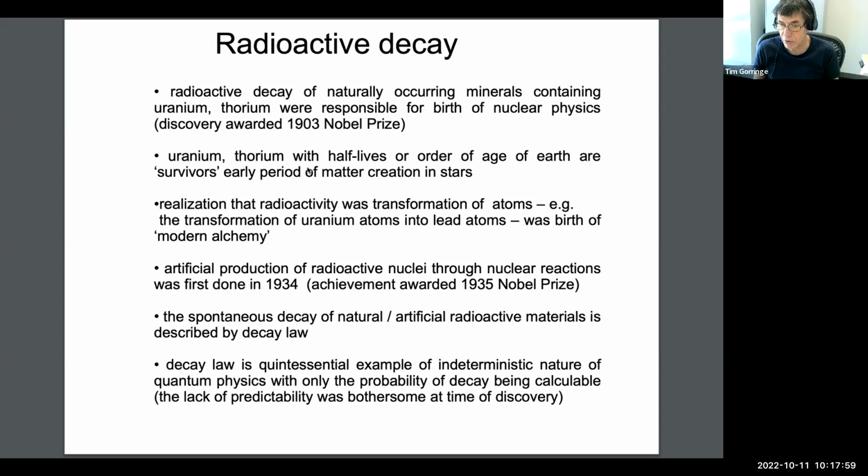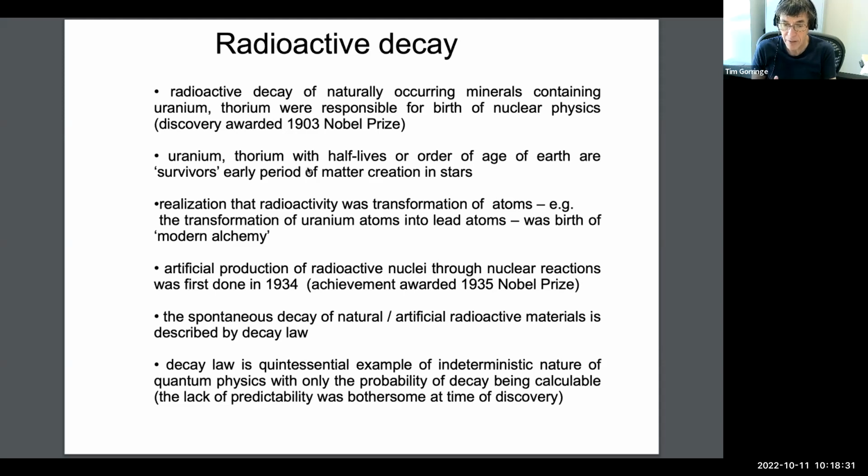The constituents of the Earth, the atoms and molecules of the Earth, came ultimately from stars and from the explosion of stars. Uranium and thorium are unstable radioactive atoms that came from stars and explosions of stars, but they are sufficiently long-lived that they still survive today.